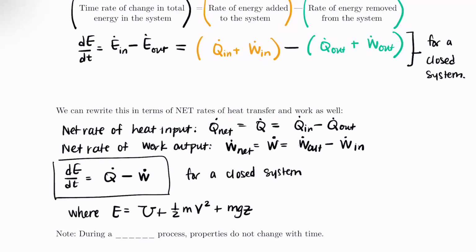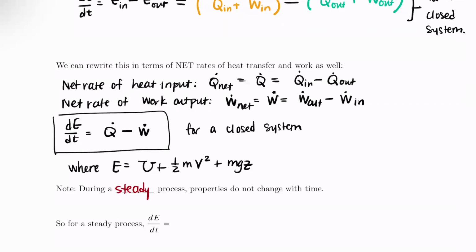If we have a process that does not change with time, then that means it is a steady process. All right. So no changes in time means if we take the time rate of change of the total energy, it is 0. That also means that since dE dt is E dot in minus E dot out, and that's equal to 0, then that implies that the rate of energy in equals the rate of energy out.